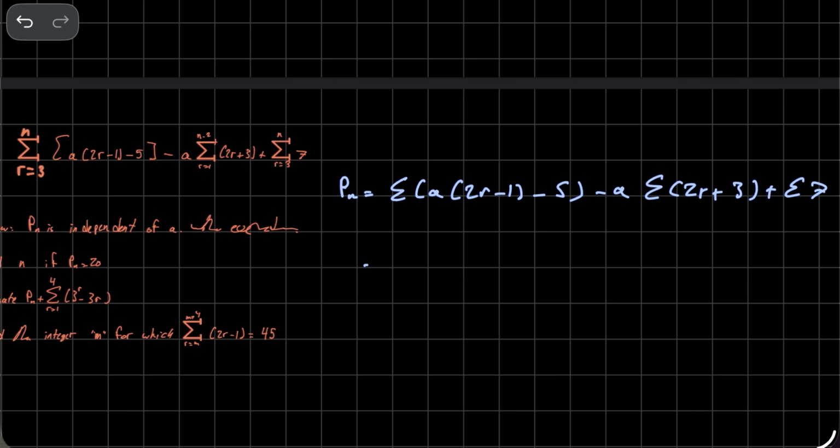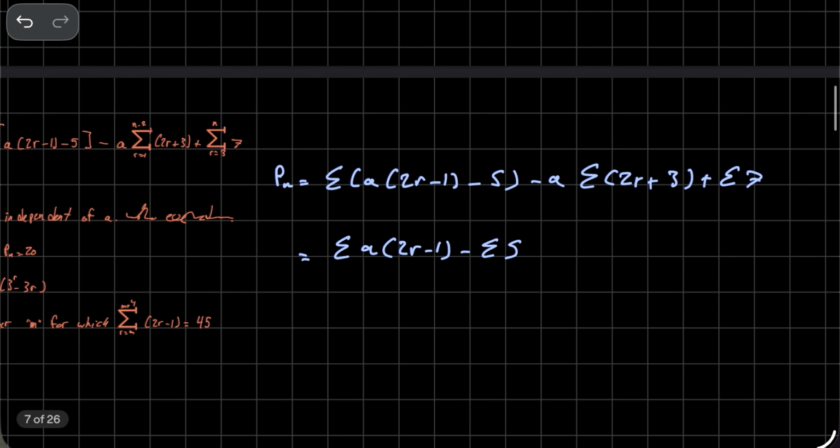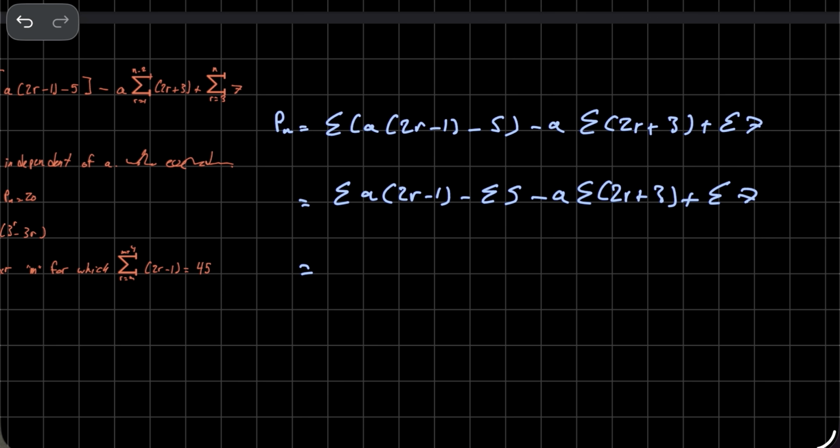So it is equal to sigma of A(2r minus 1) minus sigma 5, because basically we just expanded this sigma, minus A sigma(2r plus 3) plus sigma 7, which is equal to sigma A(2r minus 1) minus A sigma(2r plus 3) minus sigma 5 plus sigma 7.